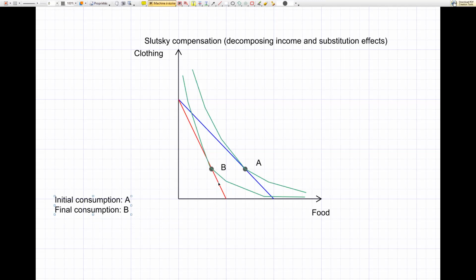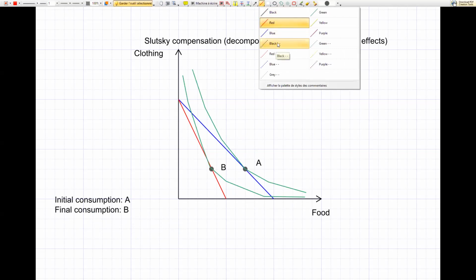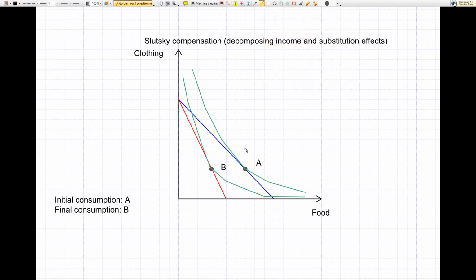So just to see if we're still on the same page as last time. What is food here? Is this an ordinary good or a Giffen good? Ordinary?